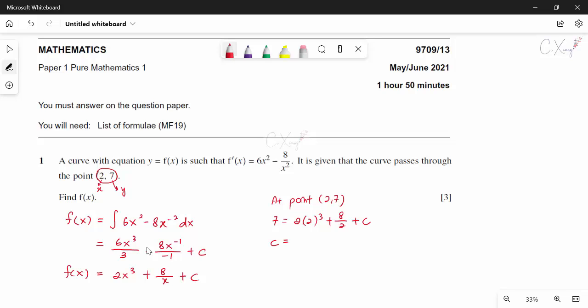From here, if we try to simplify everything, we'll get c equals -13, and therefore the final answer for f(x) will be 2x power 3 plus 8 over x minus 13. Okay, so this is how we actually get the answer for the f(x).